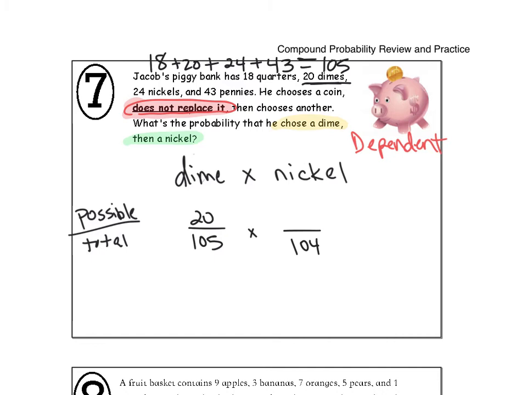All right, so now we're looking at our nickels, and we have 24 nickels. So losing a dime doesn't change the nickels because it wasn't a nickel that he pulled originally, right? But it does change the total. All right, so go ahead, multiply those straight across and reduce to find your probability.